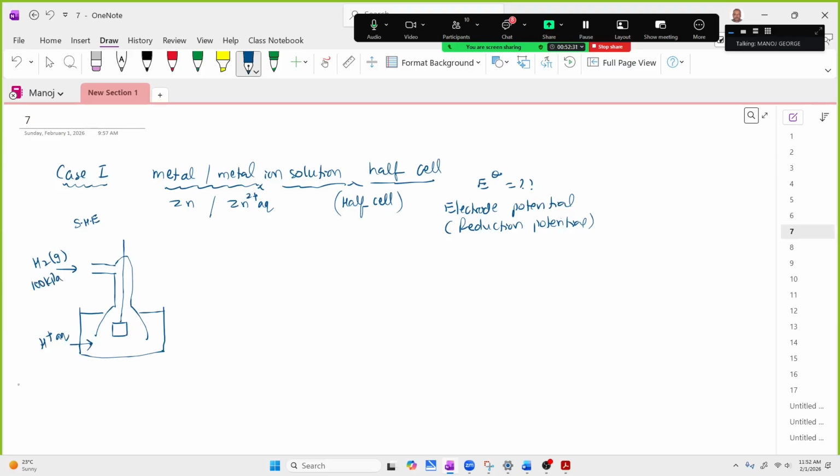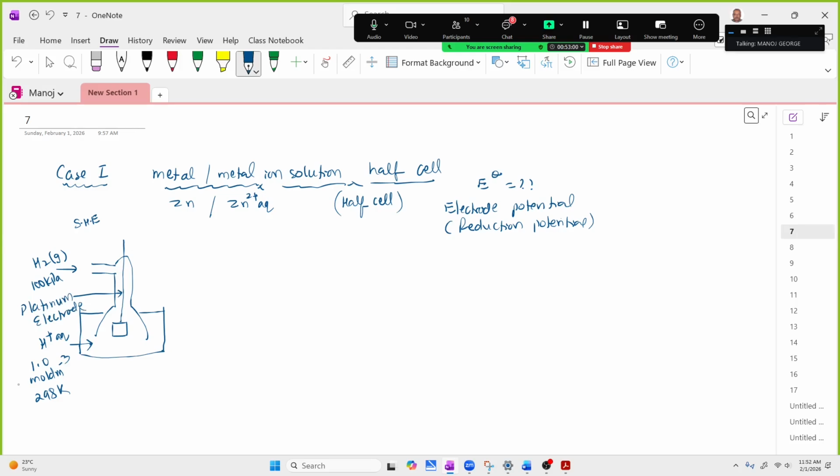I don't have to mention which acid I took, but I must definitely say the concentration because that's the rule. I must definitely mention the temperature, 298 K. And it is always good to mention that this is a platinum electrode. Okay, platinum electrode is done.